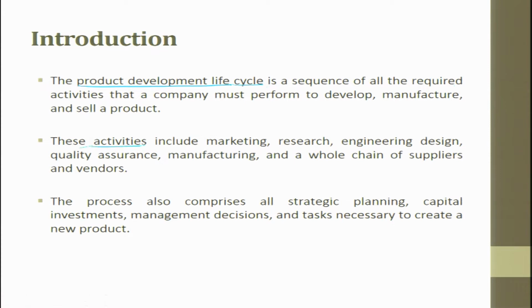Okay? These activities, whatever it is there. So, the process also comprises all strategic planning, capital investment, management decision and tasks necessary to create a new product. So, all these things are part of product life cycle.